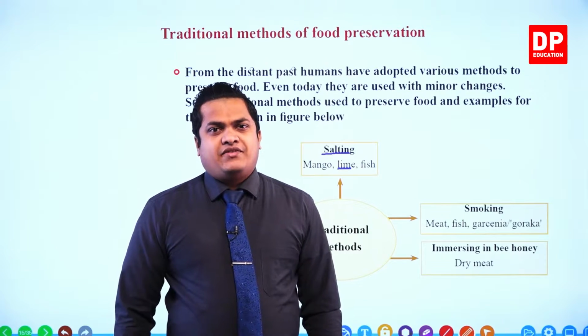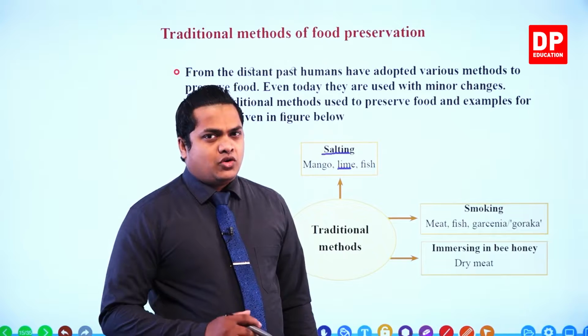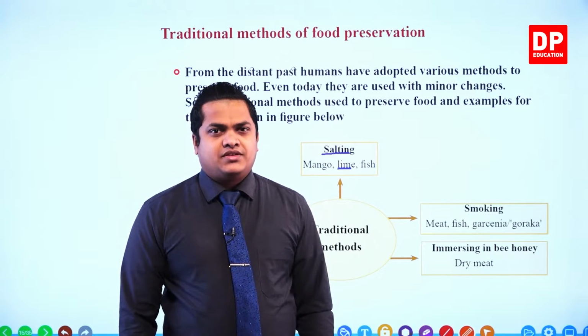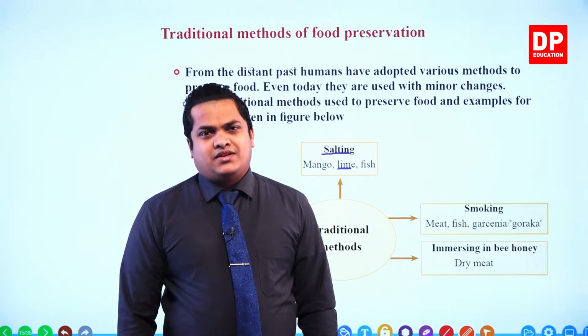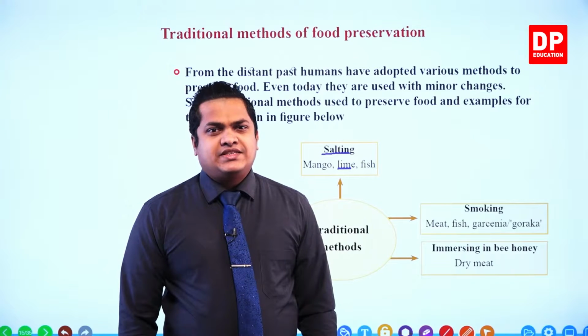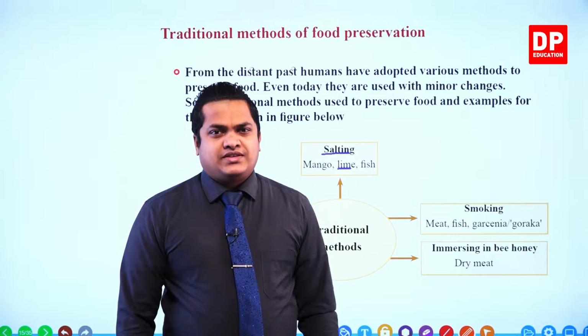In each and every case, my dear children, these are traditional methods. These are simpler methods of protecting or saving food items from microorganisms. What we are going to do here is very simple.